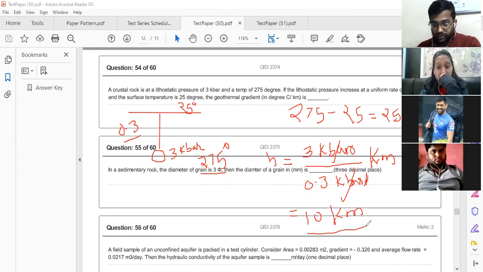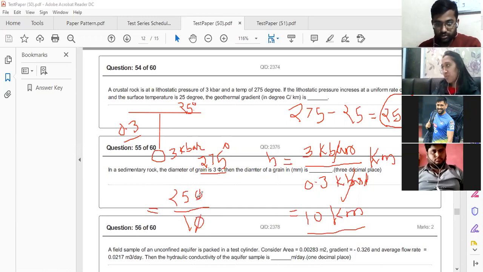So now you have the depth, and you have the total temperature at this rock at this 10 kilometer depth. So temperature gradient is 250 divided by 10. Zero cancels, and we get 25 degrees Celsius per kilometer.